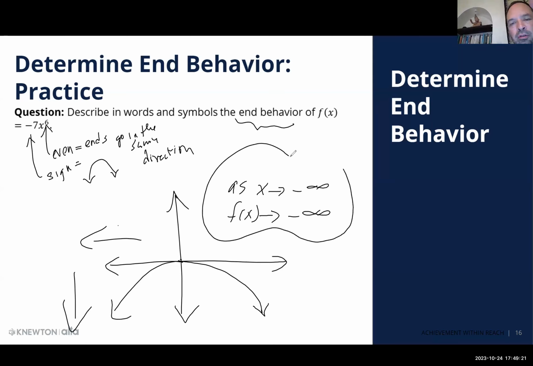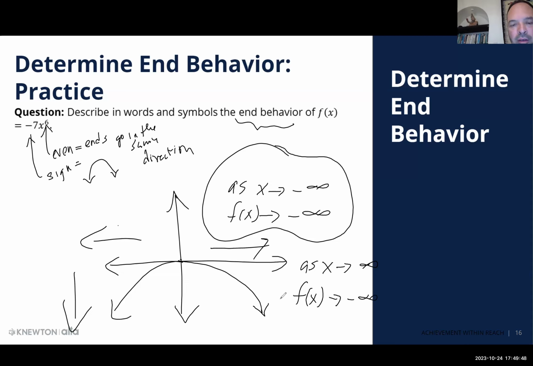That's one sort of colloquial or simple way of saying that. And as x goes to positive infinity, f of x also goes to negative infinity, like it did when it was going the other way. So as you go right, the curve goes down. But this is the technical way of saying that.